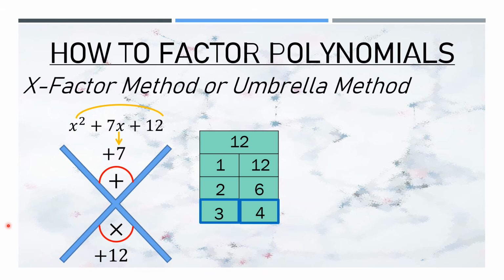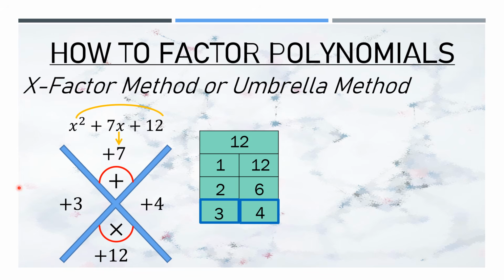Now, yung 3 and 4, ilalagay na natin sa left and right side of the letter x. Positive 3, positive 4. Because positive 3 plus positive 4 is equal to positive 7. Positive 3 times positive 4 is equal to 12.